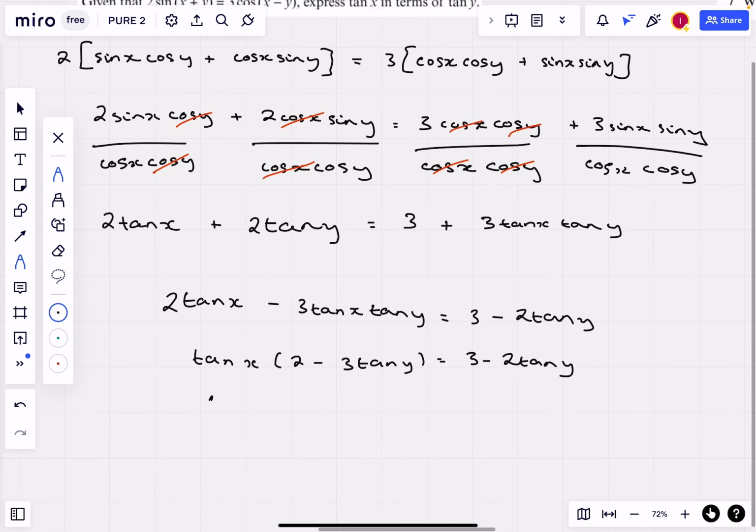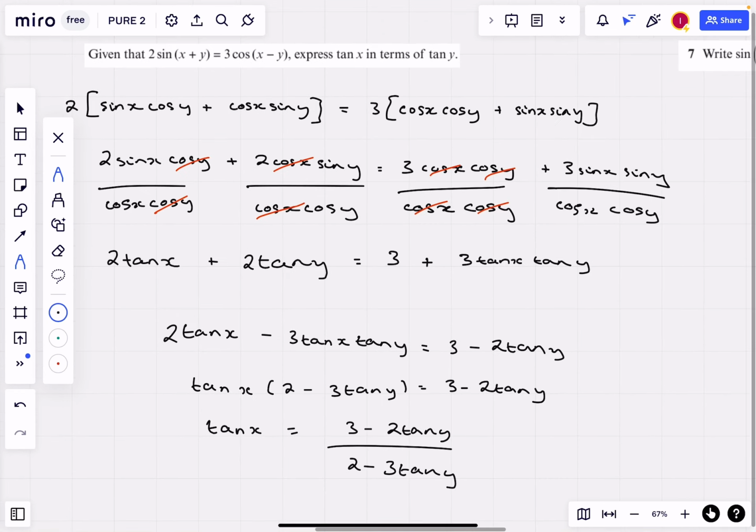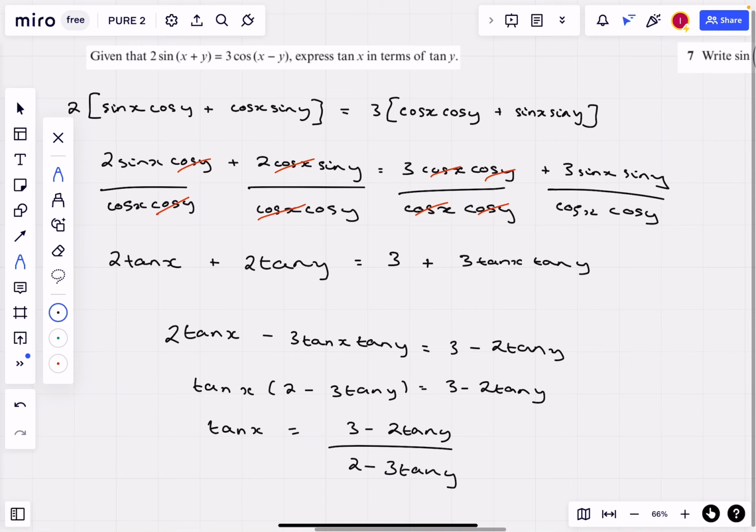And then divide by the bracket. There you go. You've now expressed tan x in terms of tan y. Done. Quite long, hopefully not too confusing.